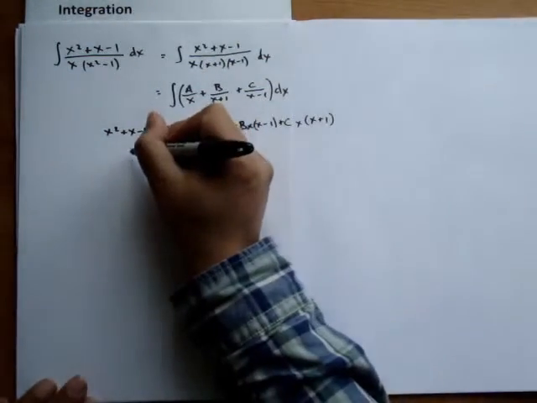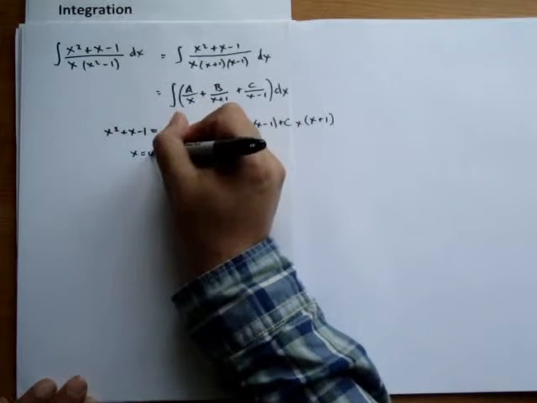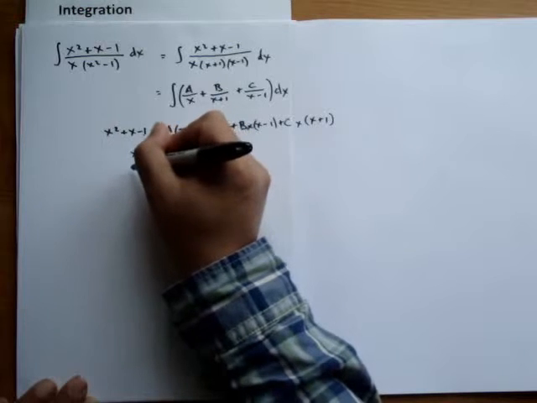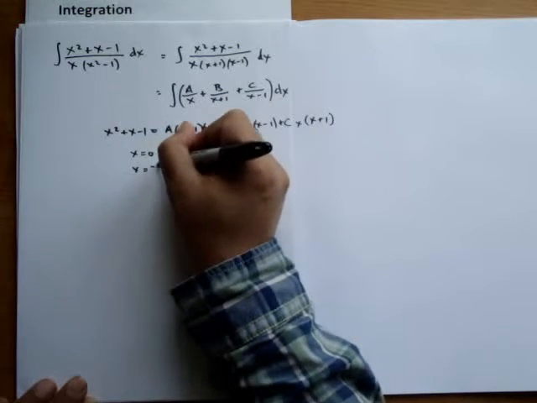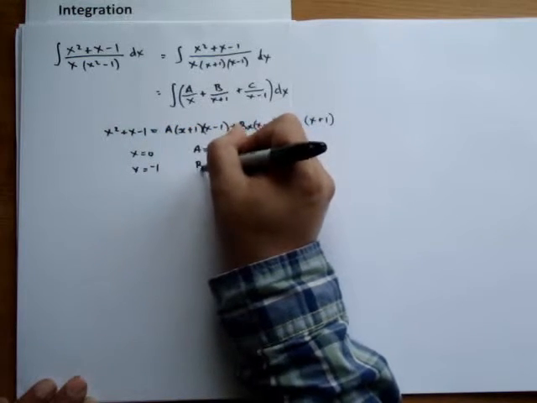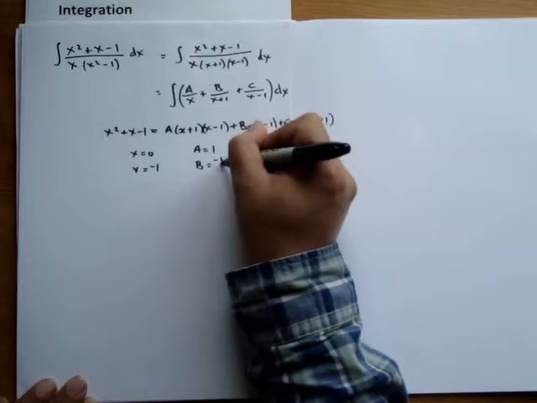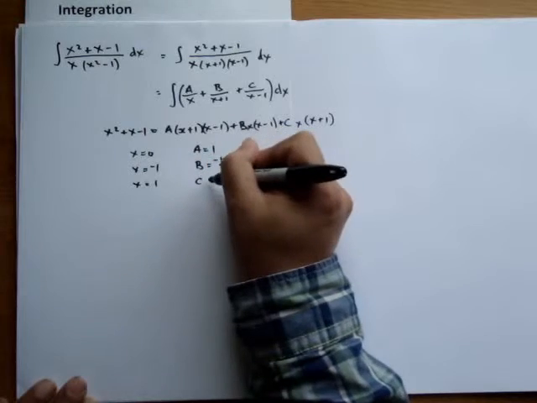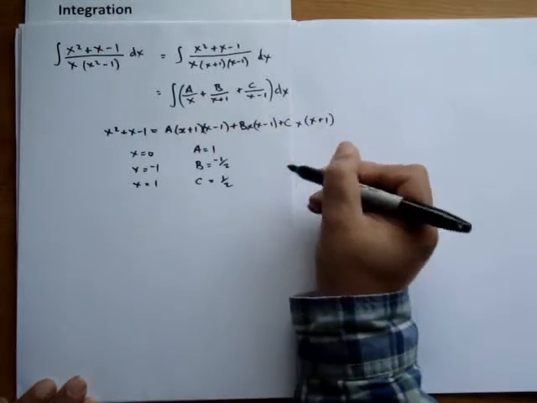So if we let, in the first case, x equals 0, a equals 1, x equals minus 1, b equals minus a half, and when we let x equals 1, c equals a half.